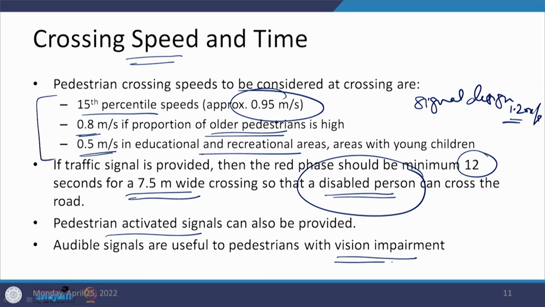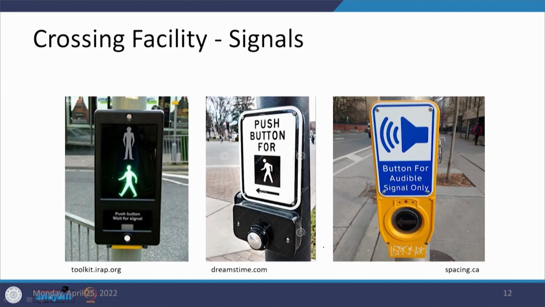In case the pedestrians are having problems with their vision, then audible signals are another aspect which can be looked at. Here what you can see is that there is a button which can be utilized to operate it, and when you push it, it is going to give you a green, but that does not mean that one single pedestrian comes to a location, pushes it and goes to the other side. In that case, the vehicles will not be able to move on the road. So, there is a certain manner in which these things need to be operated.